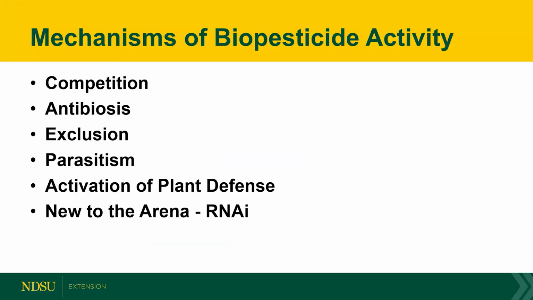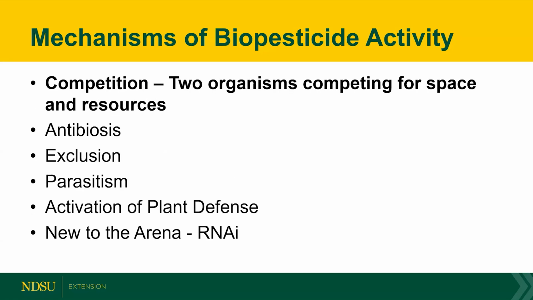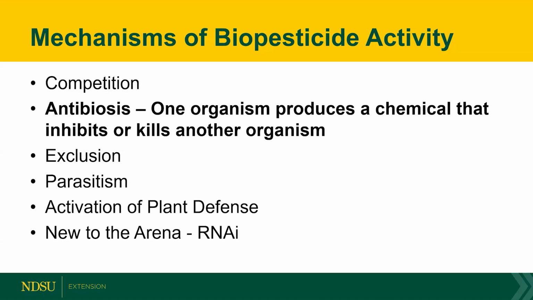Now, how these actually work is also very important to understand. The first one is competition, in which two organisms are competing for the same space or resources. Imagine that white mold needs to form these apothecia, but if there's another fungus growing over top of that, preventing those apothecia from forming, just through space competition, then we could have a reduction of white mold development.